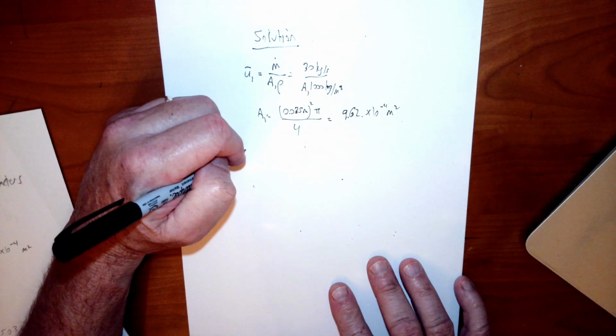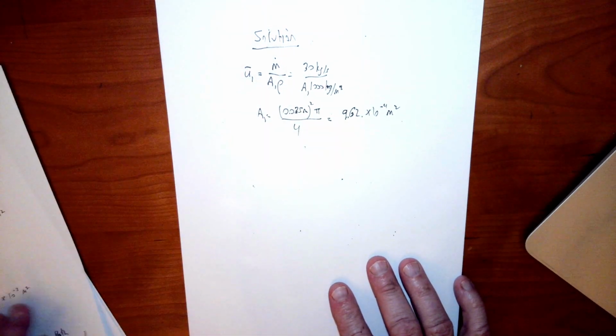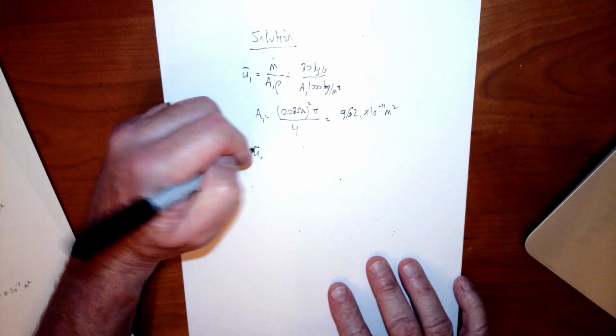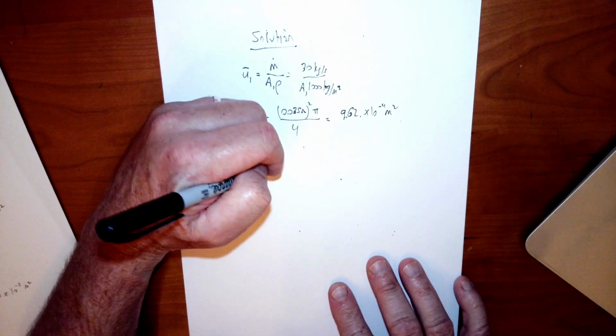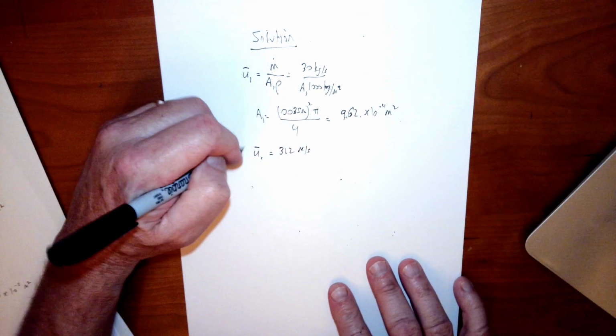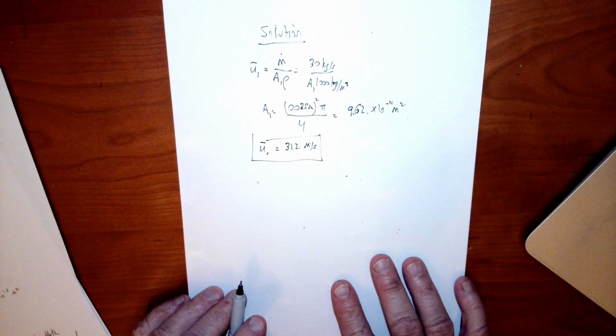There's my A1. I plug that into my formula here, and I get that the average velocity for the smaller diameter section of the piping is 31.2 meters per second. So there's my first velocity.